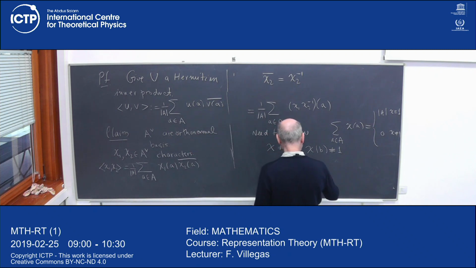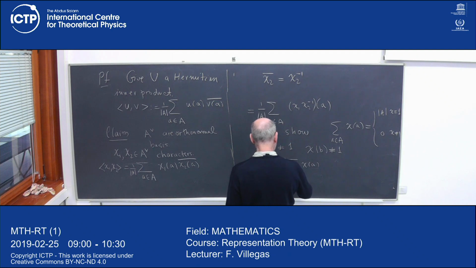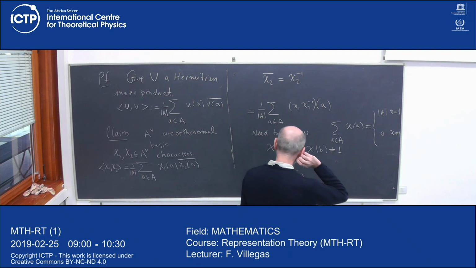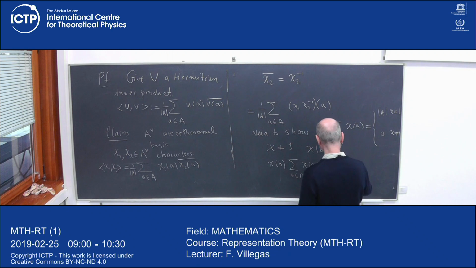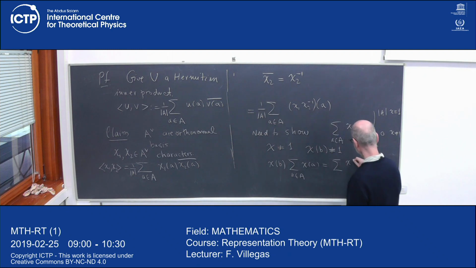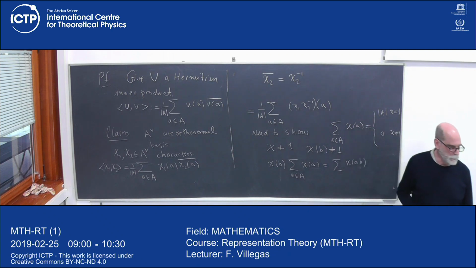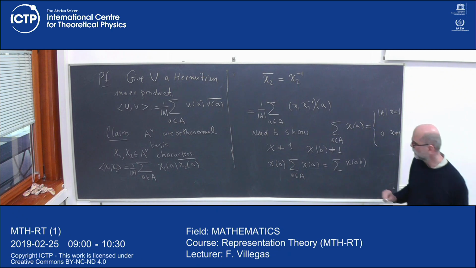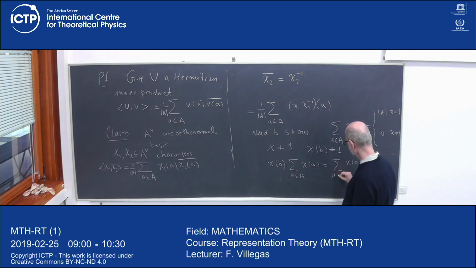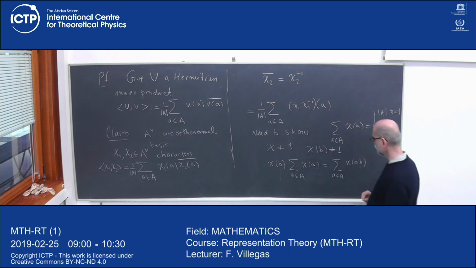So if I look at the sum of chi of A and I multiply by chi of B, then this is the same as the sum of chi of A times B. Well, I'm using multiplicative notation for the group A. It's an abelian group, but my operation is denoted with a dot.